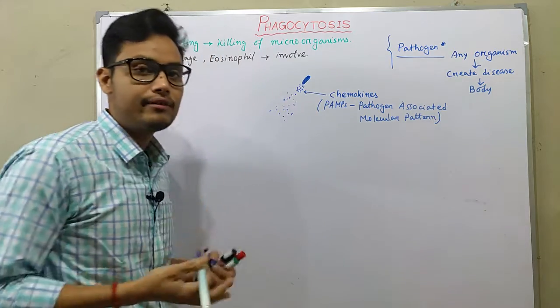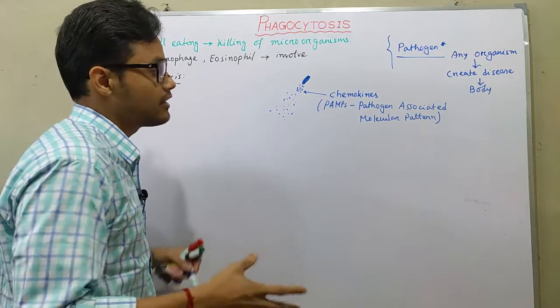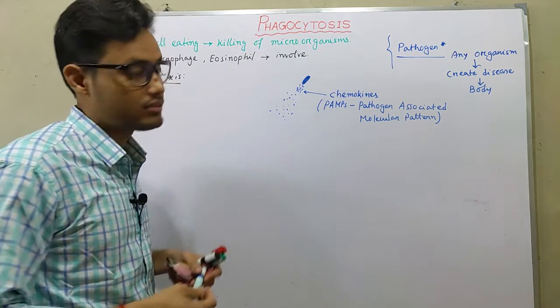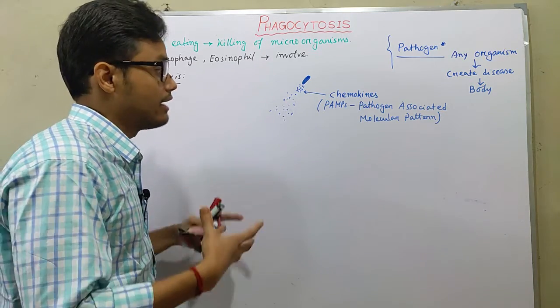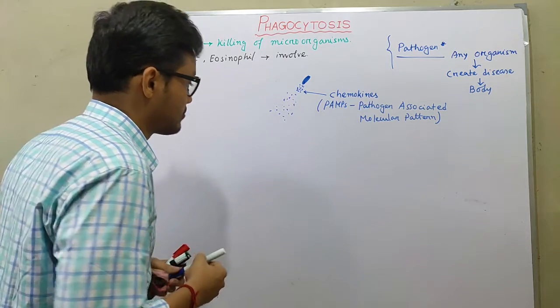Each and every microorganism or pathogen has its own chemokines and its own patterns that the body recognizes to kill those particular pathogens.